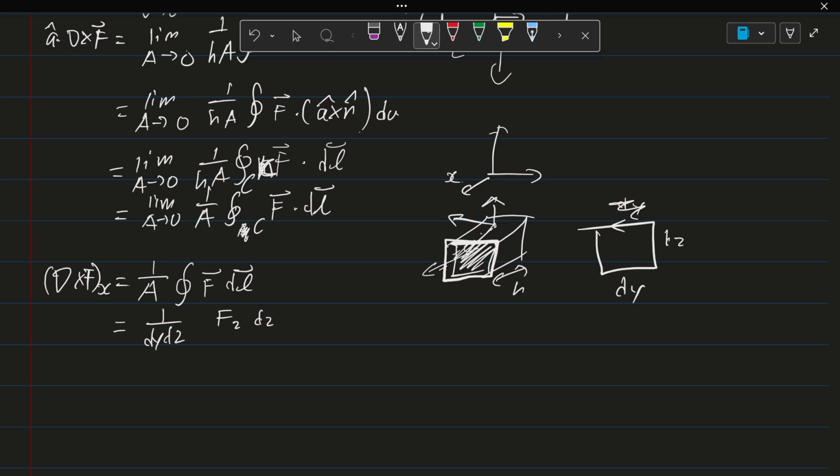But because they are differing with the y, you'd get the partial fz over the partial y. And also you could do the same thing for the y. This would be in z. But there is also something that is interesting about this. This thing must be a negative, because there is orientation for such line integral.